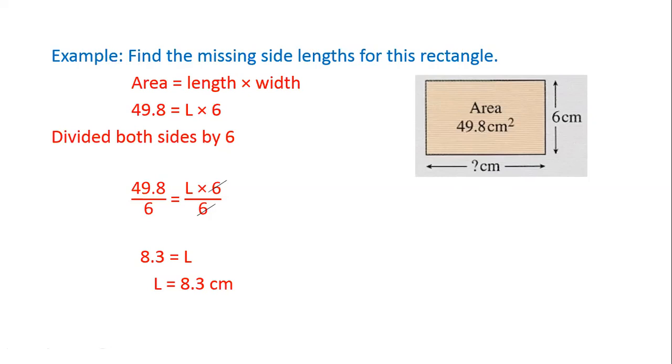Again, if you write 8.3 without centimeter, without the measuring unit of length, because the measuring unit of length here is centimeter, you will lose a mark. Okay? Clear here?